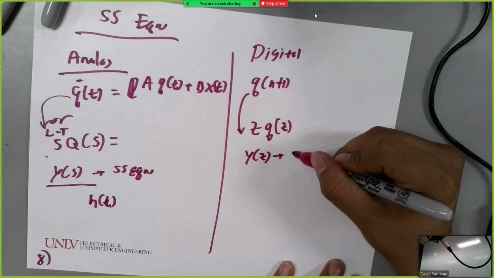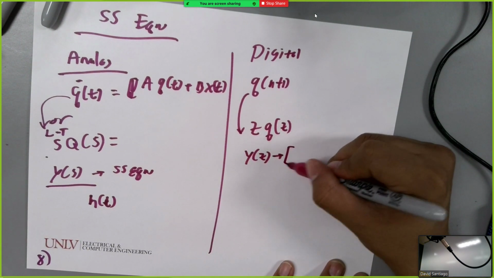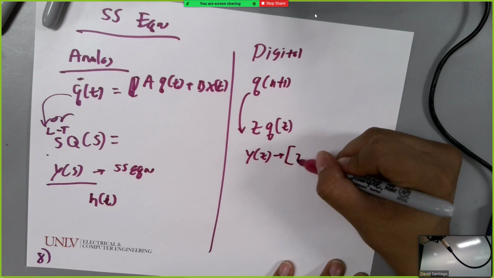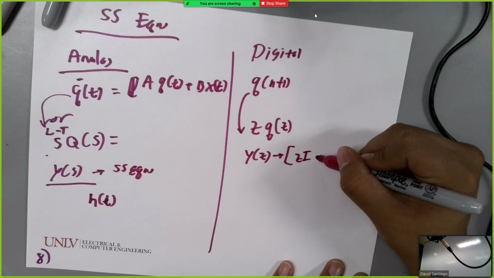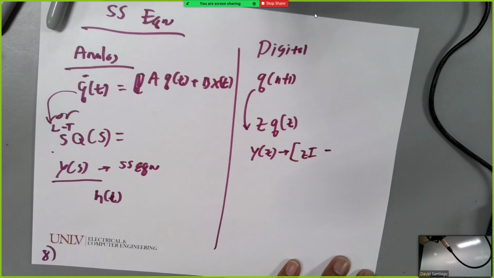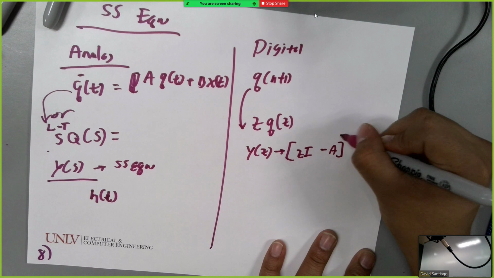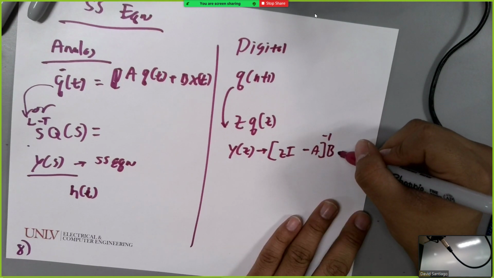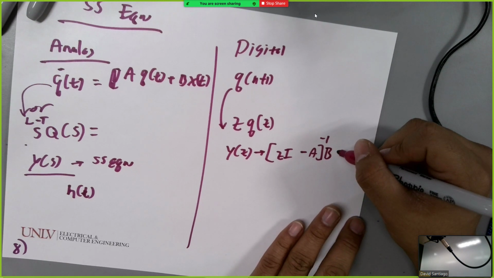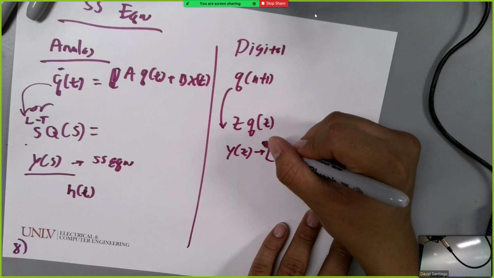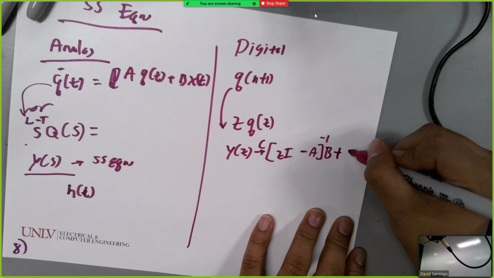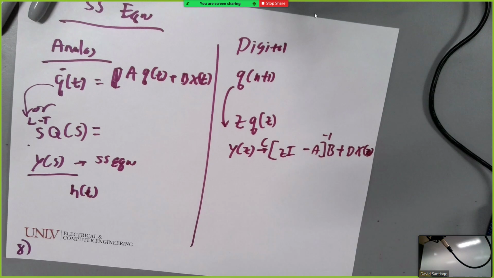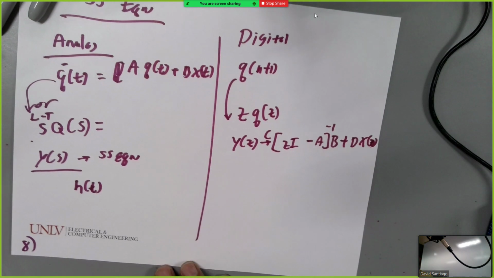I think it was C times zI minus A inverse, B, plus D, X of z. Remember that? That's what's going to be on the exam too.